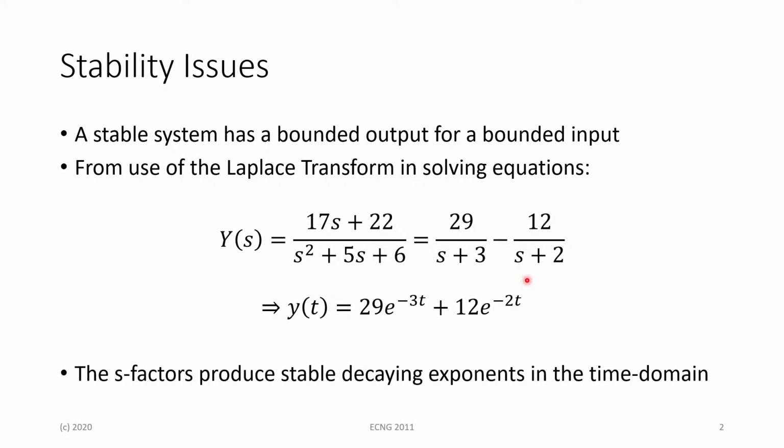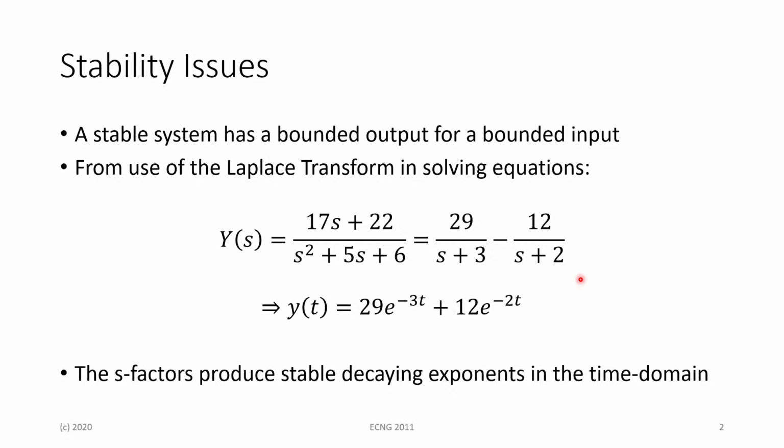Similarly, if we take s plus 2 equal to 0, s equals negative 2. Because those s values are negative, meaning they are less than s equals 0, the system itself is stable. If those s values were positive, so if this was s minus 3 and s minus 2, those poles would lie on the right-hand side of the S-plane, meaning s is more than 0, and as such, the system is going to be unstable.